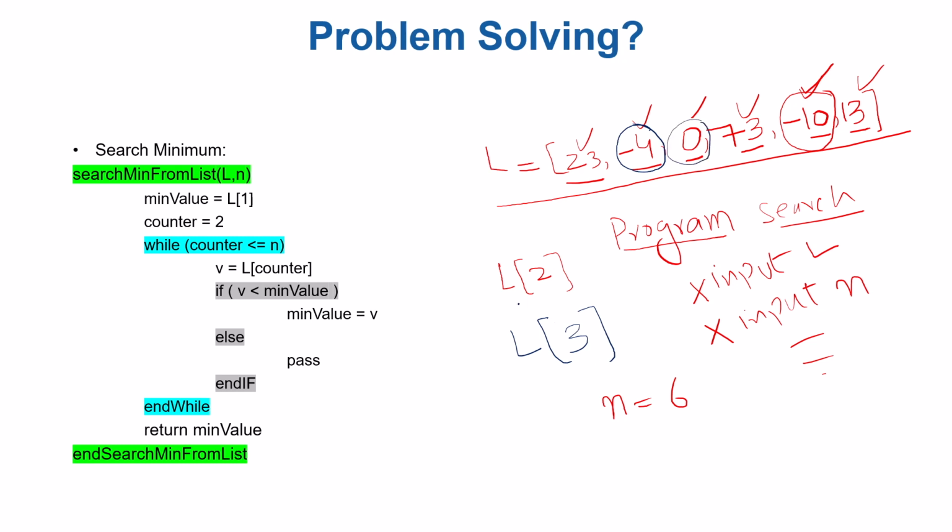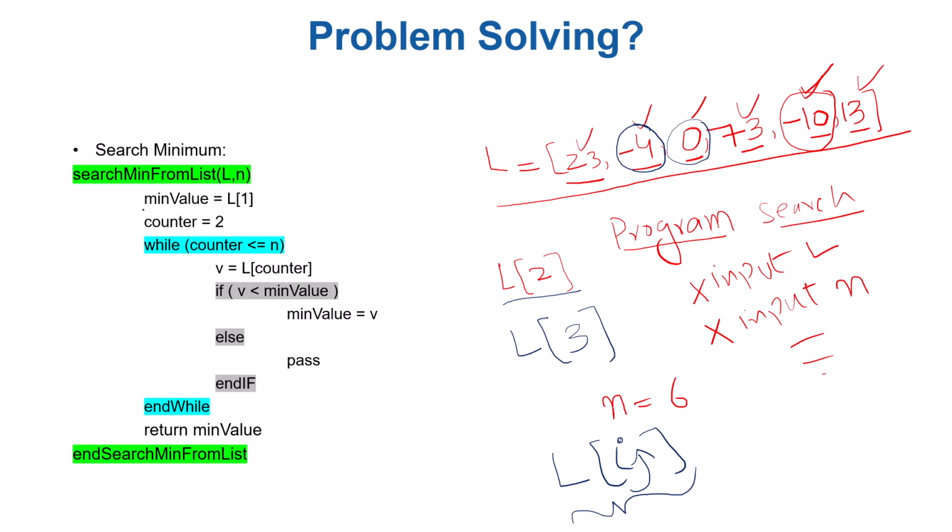So let's take a convention that whenever we want to read the elements from the list, we will read the element by giving the element number here. Let's say if we write L of i, it means the ith element of the list.